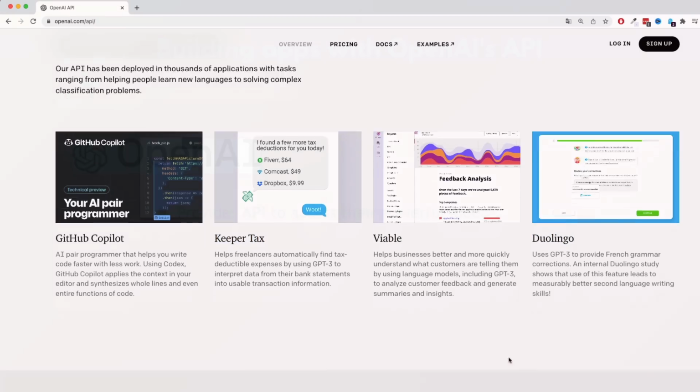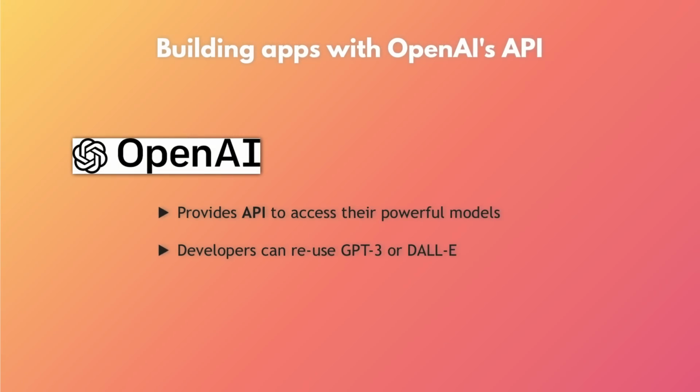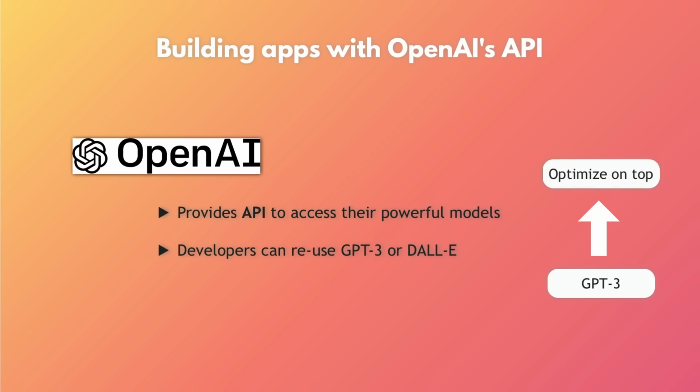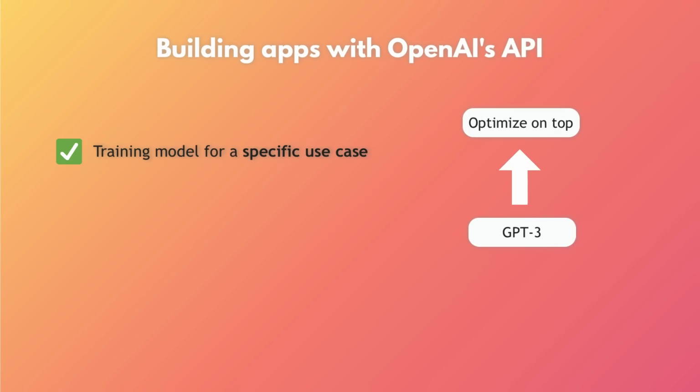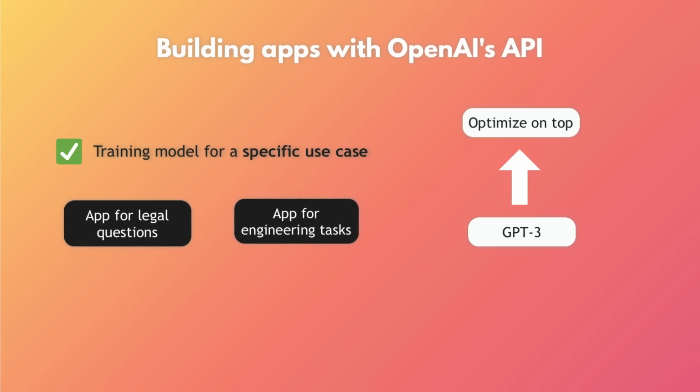So they reuse all these resources that OpenAI provides and all these trained models basically, and they optimize on top of that, like providing a better UI and user-friendly experience, or training the model further for a specific use case. Like you have a tool based on OpenAI's technology, but specifically for answering legal questions, or a tool that lets you do some specific engineering tasks, and so on.